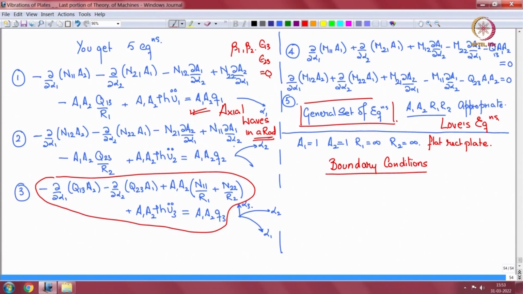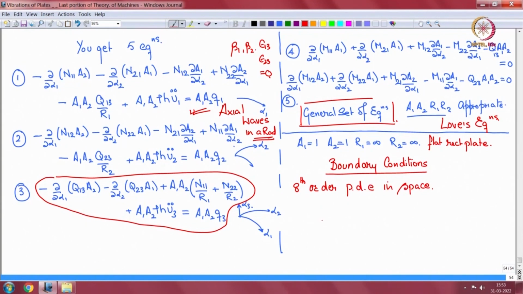All these equations put together, they form an 8th order PDE in space. Okay.